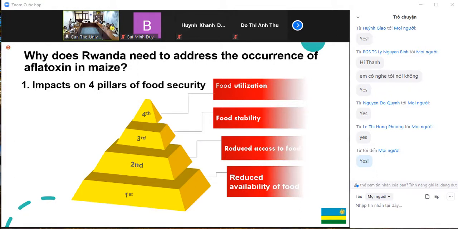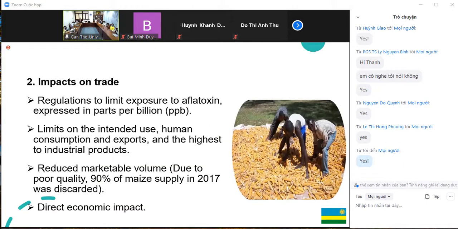Aflatoxin has a great impact on trade. There are many regulations to limit the exposure to aflatoxin, placed in parts per billion. So according to trade rules, if the maize that is produced doesn't meet the aflatoxin standards, placed in parts per billion, it will not be accepted.